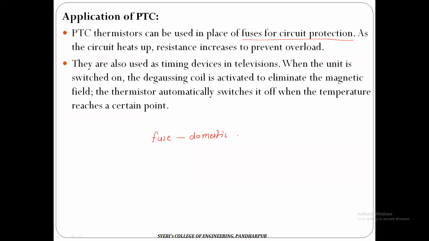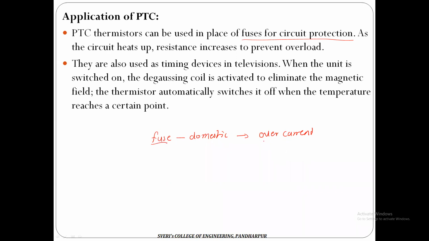As we know, if overcurrent flows through the main wire, the main supply, then this overcurrent will damage the appliances, whatever appliances we use for our domestic purpose. And to avoid these things, we use the fuse.